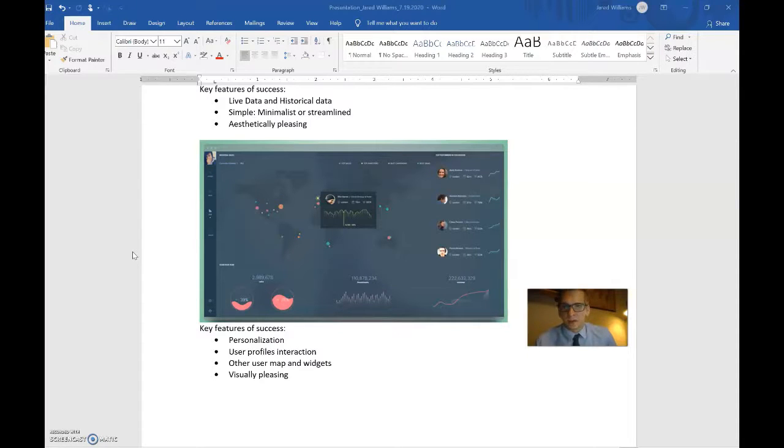It's also overlaid with a map in the back, some of which we've played with in Tableau. I just think it's interesting how they combine all of these different elements, and it's visually pleasing. It's streamlined. It's a good color scheme. Those are some of the reasons why I think it is a successful dashboard.